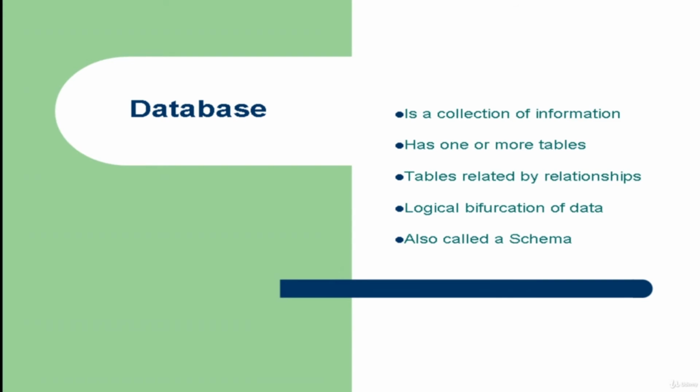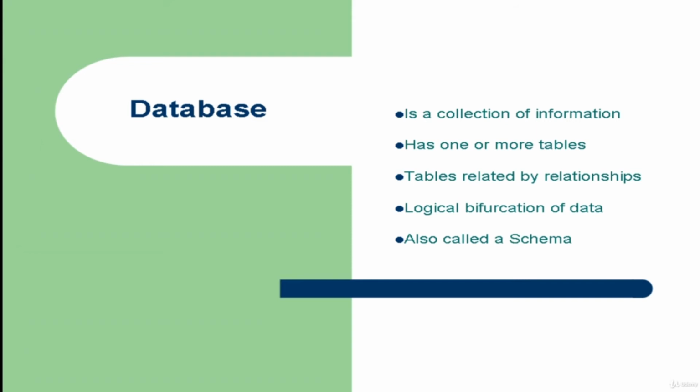A database is a collection of information. It has information which is useful for data analysis. It is also a logical container or bifurcation of data. You bifurcate based on the business or its usage. Then you create a database.